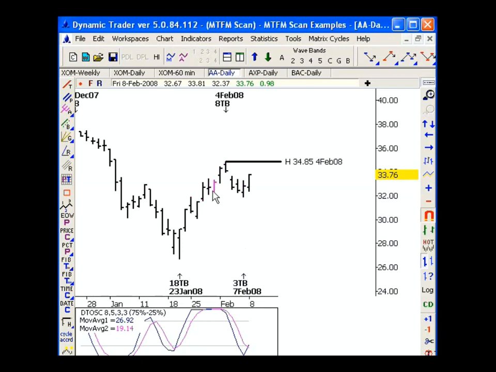We have a really strong up move and only 3 days down, nowhere near the 50% retracement. If after just a little minor 3-day correction, this market took off and made a new high, more than likely it's going to continue higher.